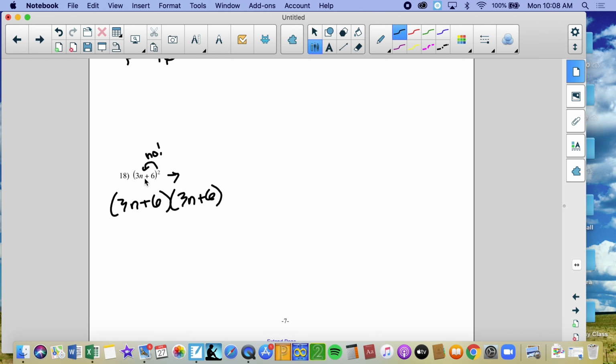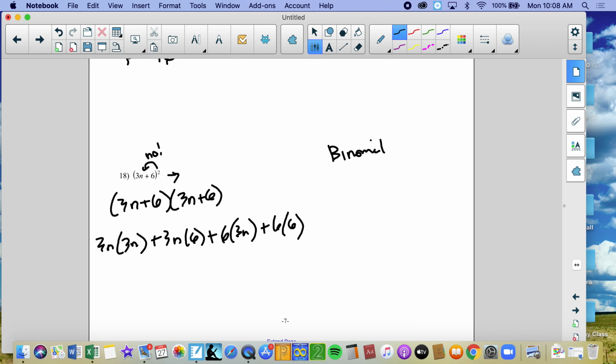So we could FOIL: first, outer, inner, and last. However, a binomial square is going to equal the first squared, plus 2FL, plus the last squared. I don't know if you remember that, but we square the first. 3n squared gives me 9n squared.